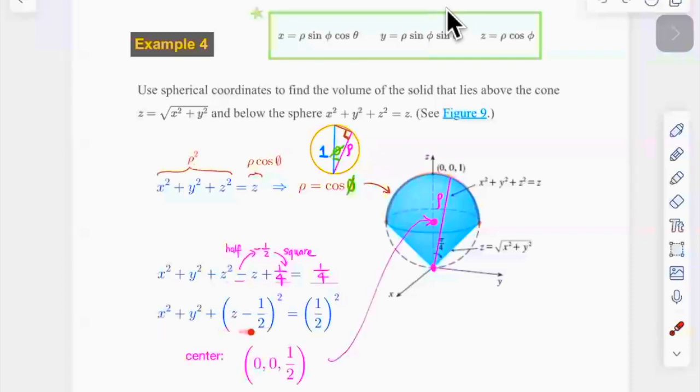So this gives us the center for the sphere is 0, 0, 1/2, which is this point over here. Now this equation actually makes sense because for this big circle, the diameter is 1, and this angle here is phi. Rho here, because this is a right triangle, is equal to 1 times cosine of this phi.